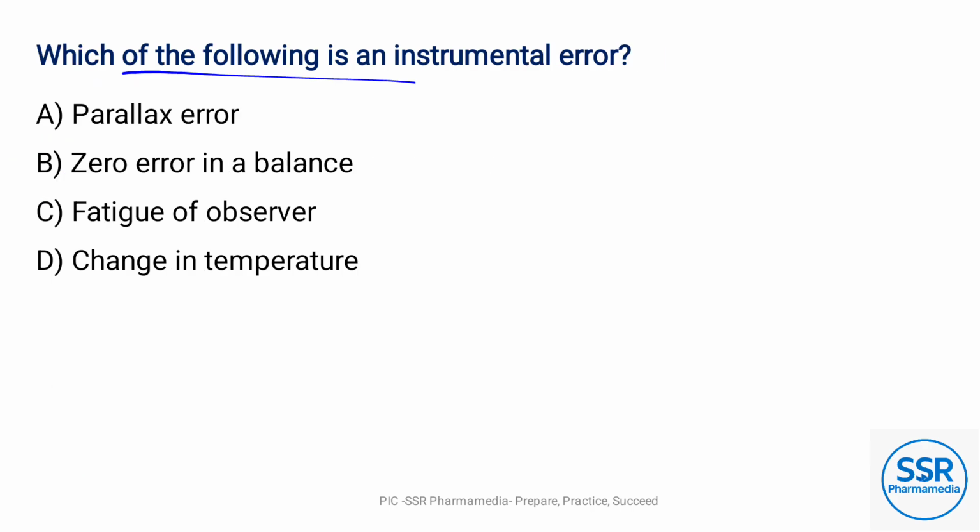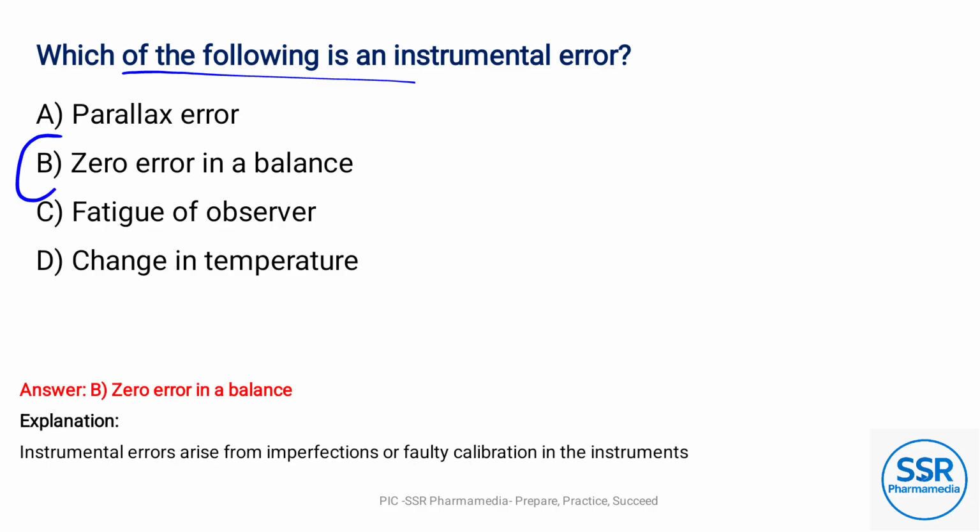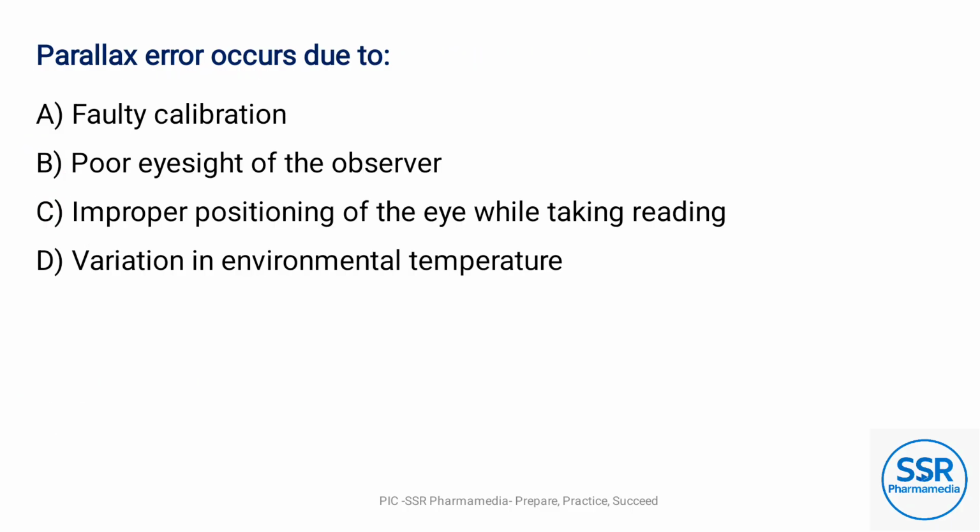Which of the following is an instrumental error? The answer is option B, zero error in a balance. Instrumental error arises from imperfection or faulty calibration in the instruments. So it is called instrumental error. Its example is zero error in a balance. The parallax error occurs due to?